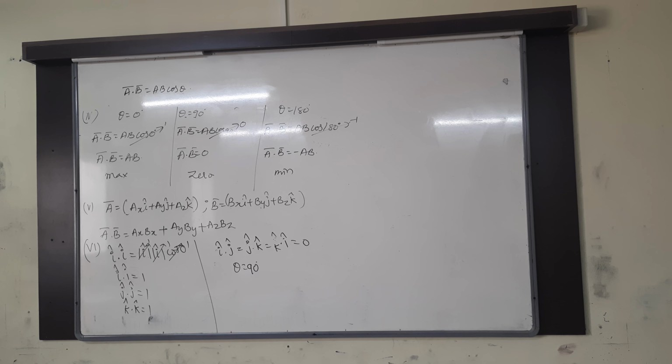Nothing but you have to do cos theta. If there is no j cap term in the second vector, we have to take it as 0 j cap.